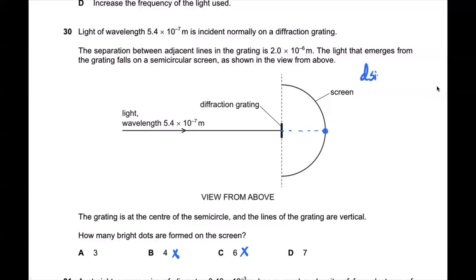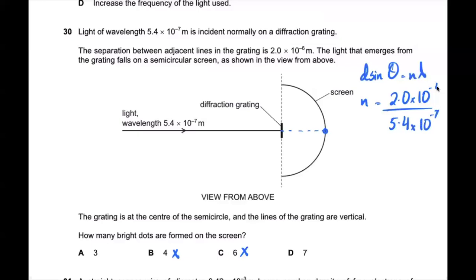So d sine theta equals n lambda. So n, because sine theta would be 90 for the max number of dots, is d over lambda. So d is 2.0 into 10 to the negative 6. Lambda is 5.4 into 10 to the negative 7.